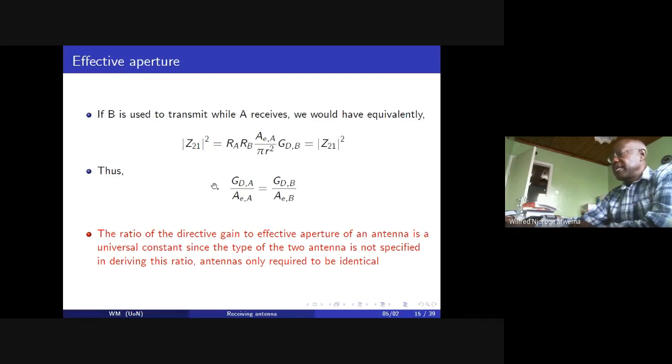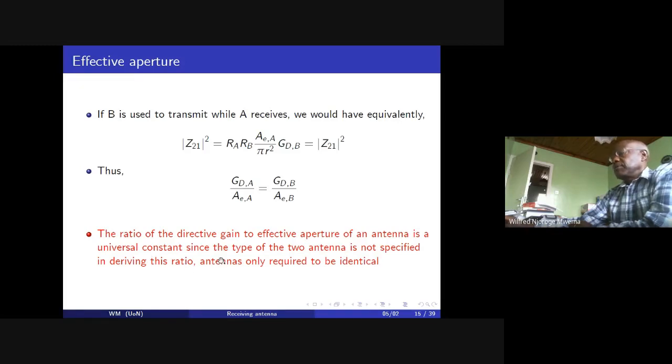We haven't said anything about these values. Therefore, it's a universal constant since the type of the two antennas is not specified. It could be a magnetic loop, a Hertzian dipole, a thin wire dipole, and so forth.